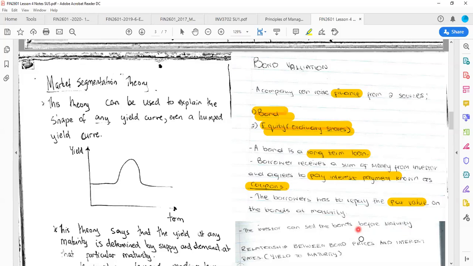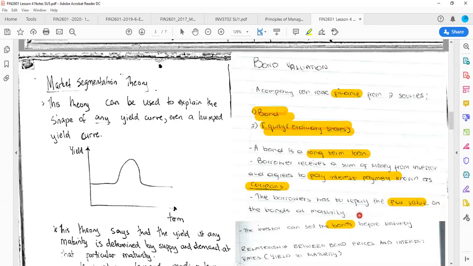Okay, so even though the investor has to wait until maturity to get their money back, right? But they can sell the bond before maturity. So the investor will have a certificate that confirms that the company has the investor's money. That certificate is what we sometimes call a bond, right?